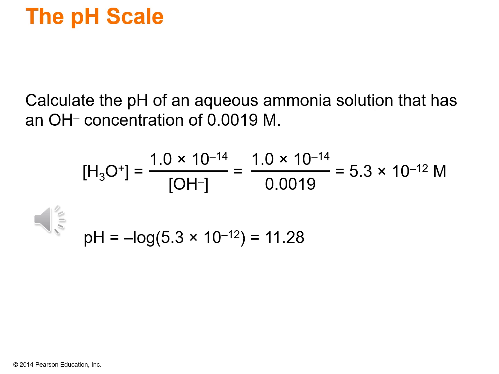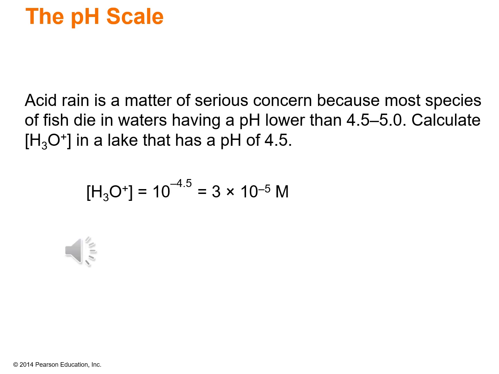Here's a very straightforward example of a calculation with pH. Be sure that you do this with your own calculator. Be familiar with where the log button is, as well as the inverse log.